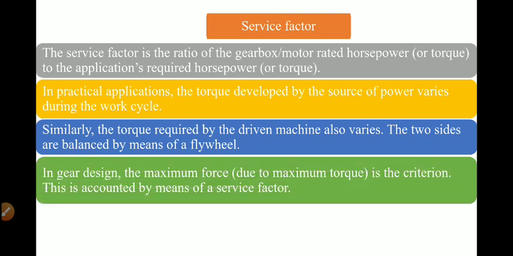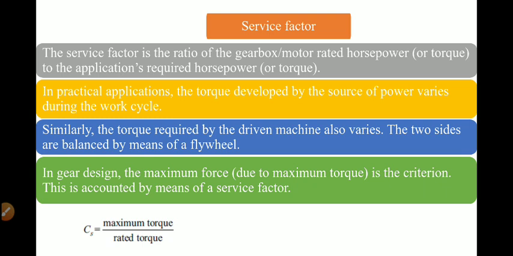In gear design, maximum force is the criteria. This is accounted for by means of service factor. That means in gear design, if maximum force or maximum torque is generated, the service factor will account for that increase.